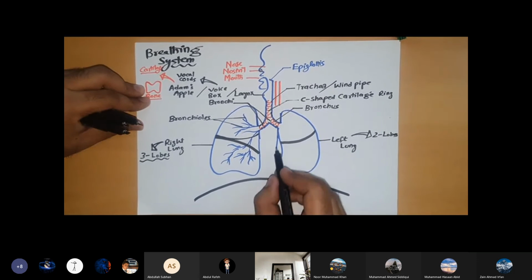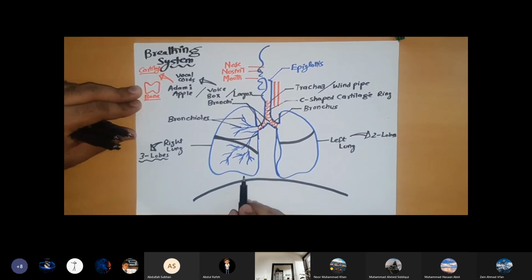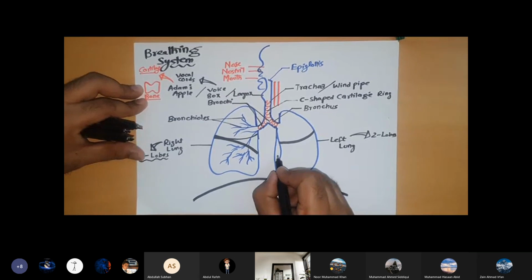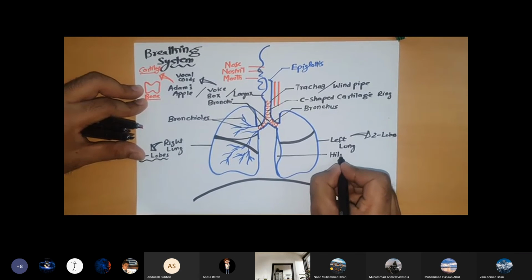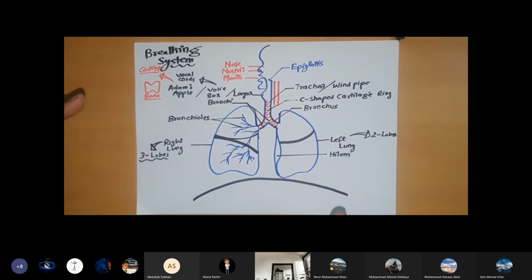Another thing, in this lung over here, I drew a depression towards the inside. Now this depression is called the hilum. This depression is actually made in the left lung to give space to the apex of the heart.